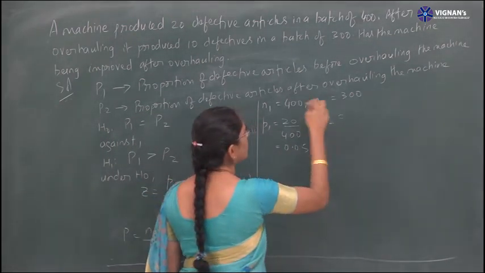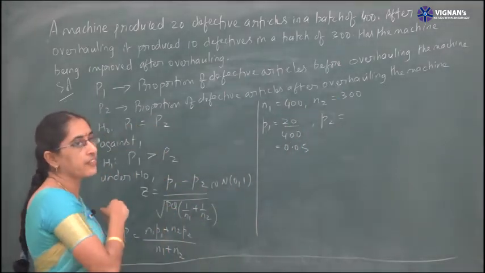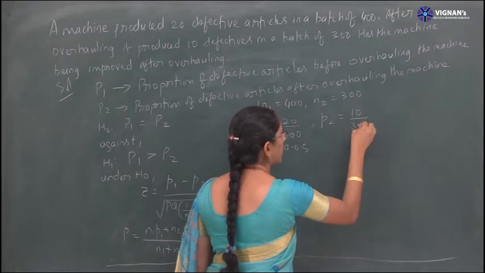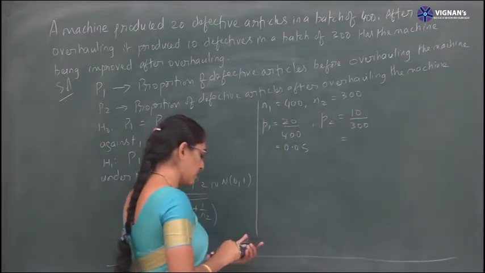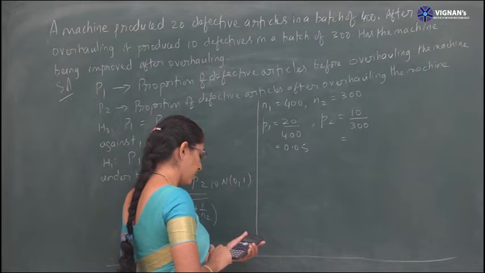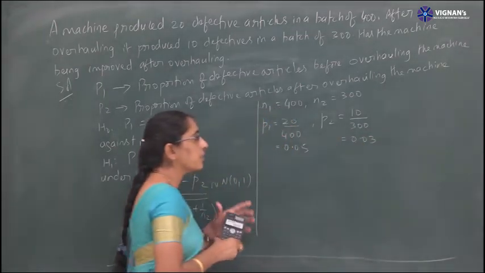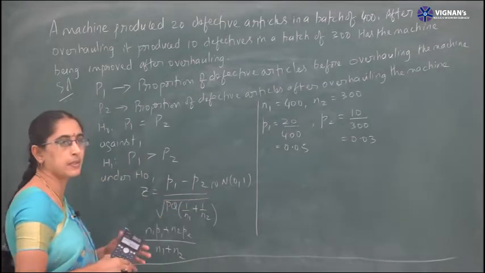Similarly, small p2: in a batch of 300, 10 defective articles are there. That means small p2 is 10 by 300, which is equal to 0.03.